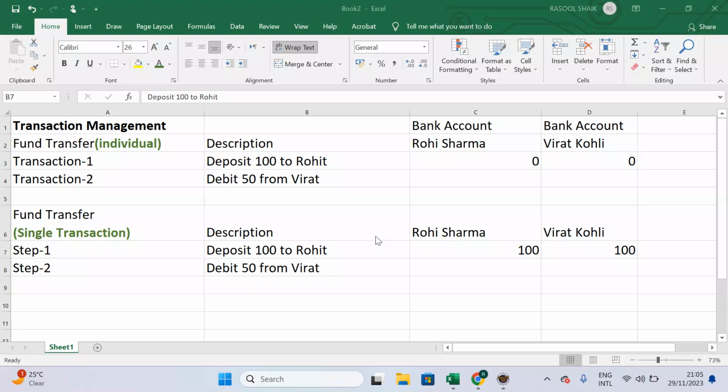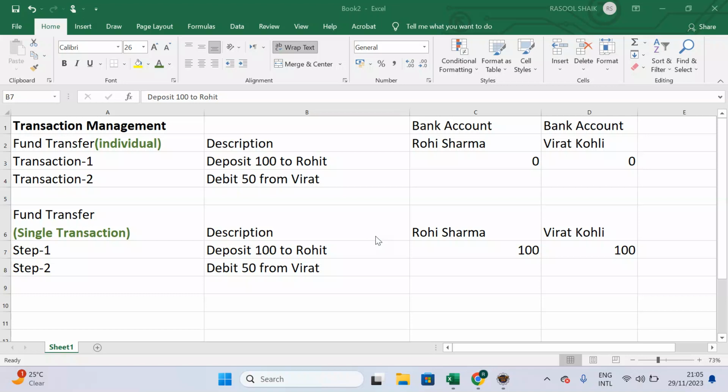Any database operation, like inserting employee details into a database or reading employee details from a database, is a real-time example. All these kinds of examples we can call a transaction.